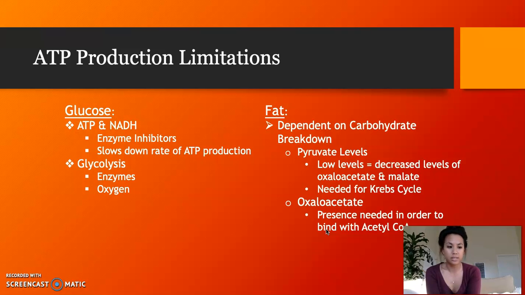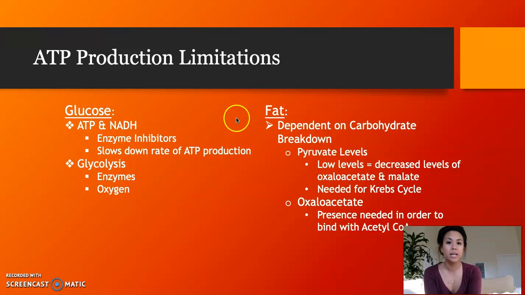Additionally, glycolysis is limited by enzymes as well as oxygen. So if there is too much oxygen present, it actually inhibits glycolysis, and when glycolysis is inhibited, so is ATP production, because if you remember, after glycolysis, we have two net ATP produced as well as 2 NADHs.